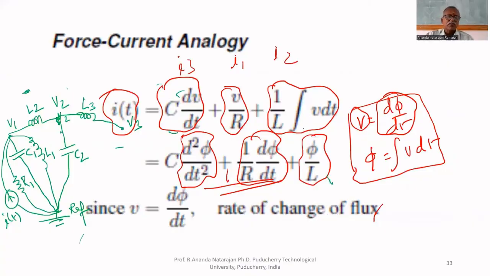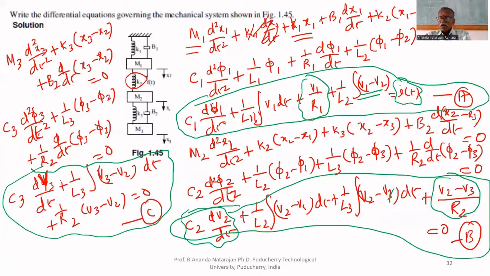Yes, R2 is between V2 and V3. There are no sources at node 2 and node 3. That's all for the second equation.